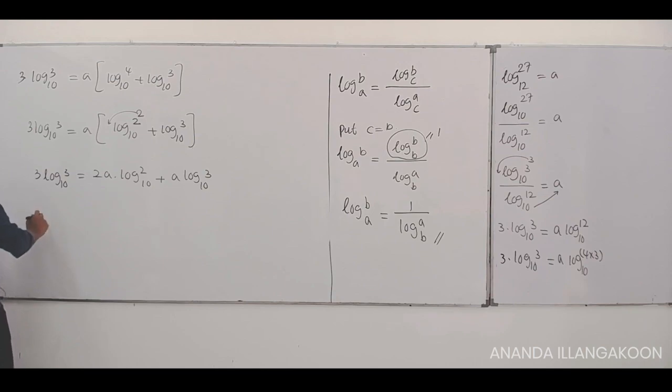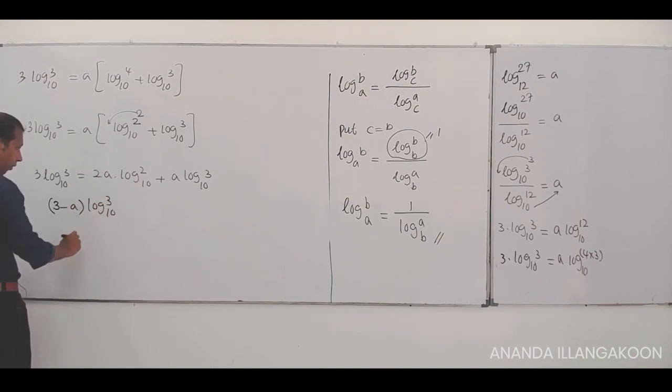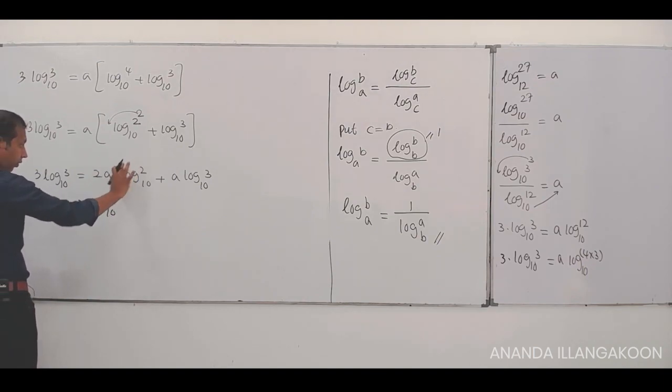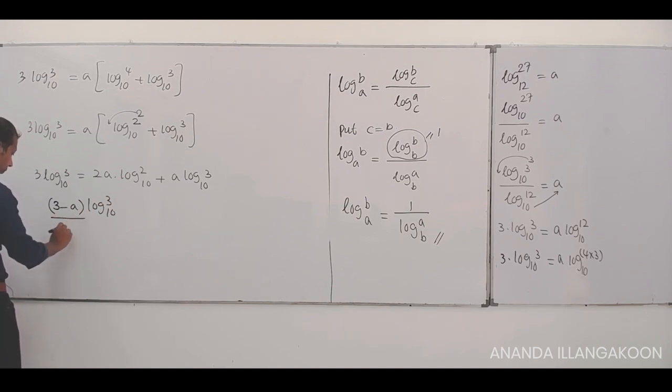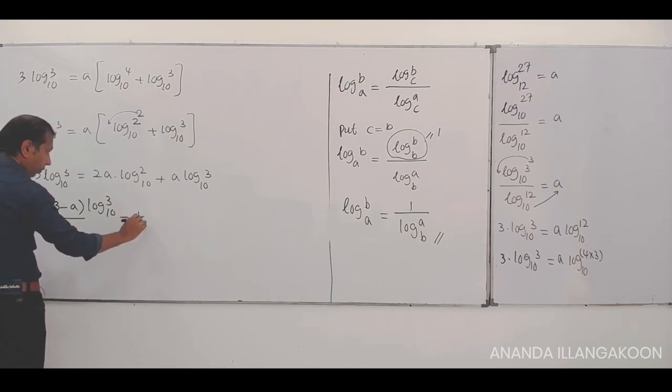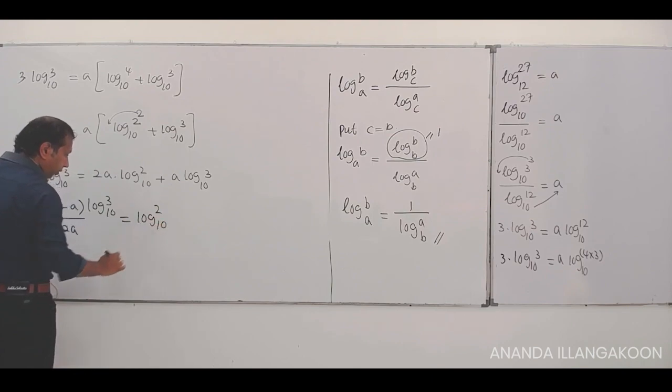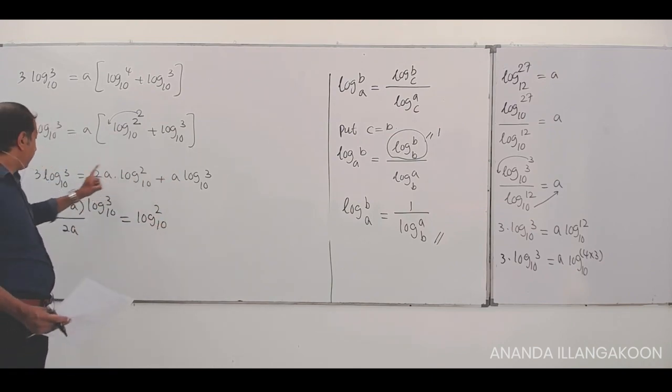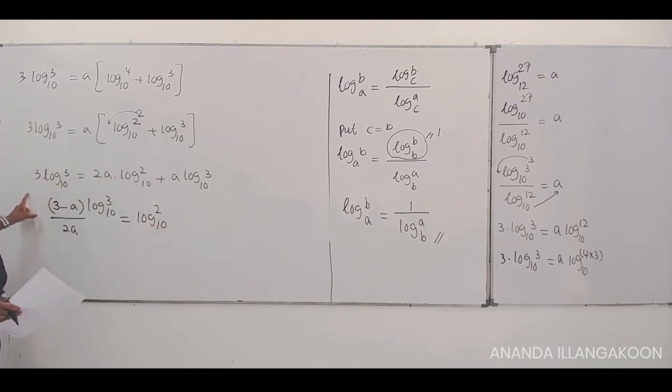Log base 10 of 3 we can take out. We get 3 minus a times log base 10 of 3. Right hand side we have this. We'll bring this here: 2a log 2 base 10 is equal to this. I took this side and took this log 3 base 10 out. 3 minus a, divided by 2a.